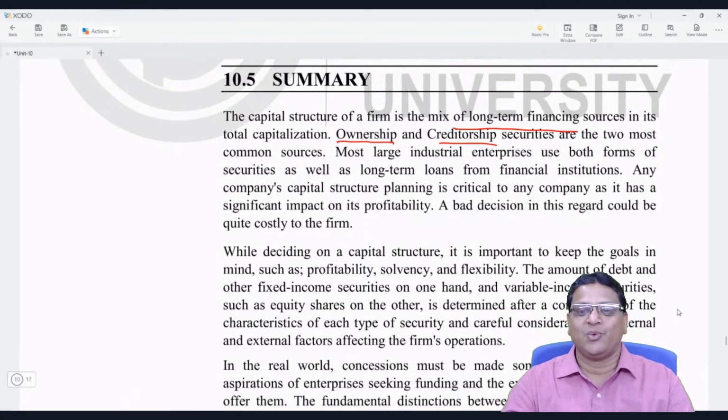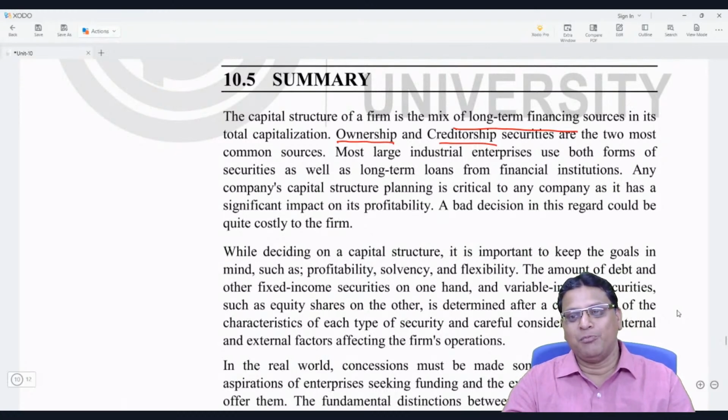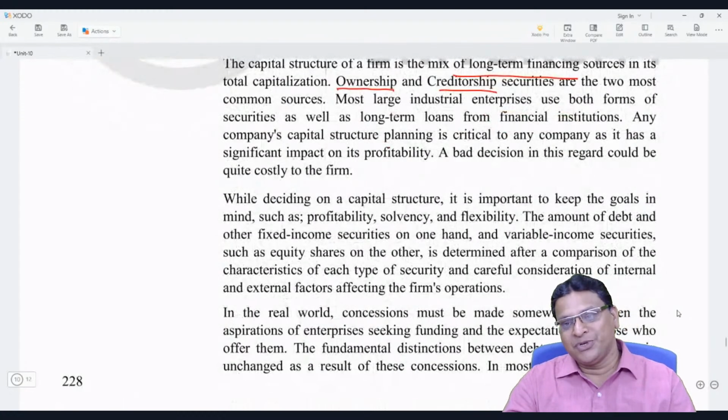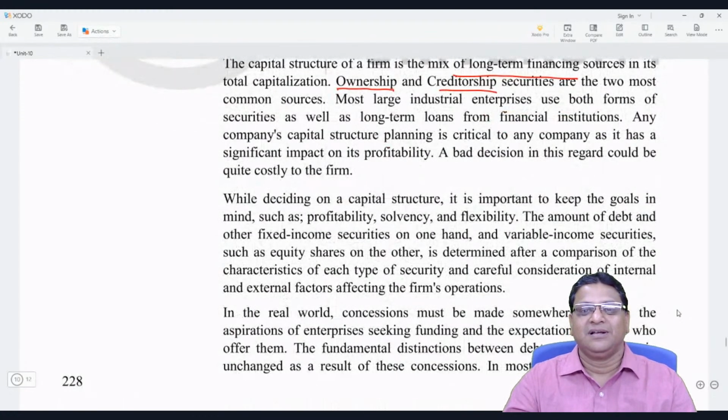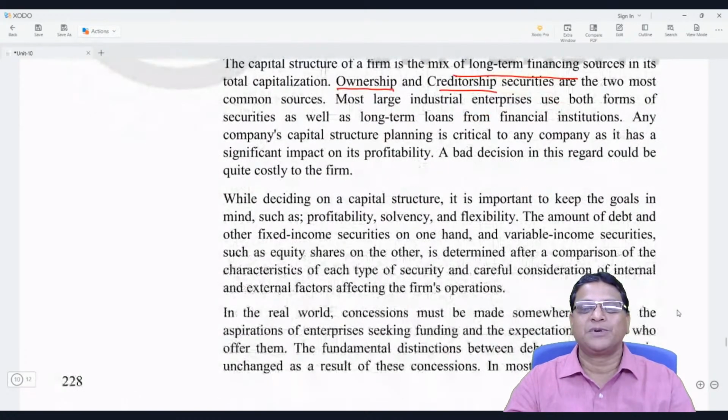Ownership capital is known as equity and creditorship capital is known as debt. And the company has to make a composition of debt and equity. That composition in which the combination is best is known as optimum capital structure or appropriate capital structure.